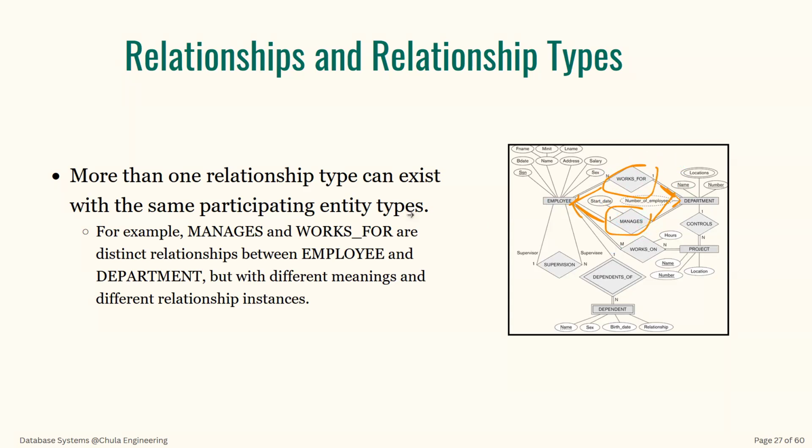Now, you write different types of relationship only when you want different meaning, right? Because here, works for and manages have different meaning, and it also determines the one to many, many to many, so the cardinality ratio or the participation as well. So they would be designed according to the meaning in the database. Okay.